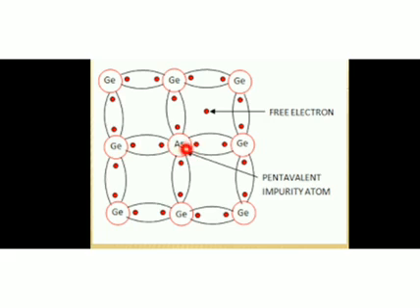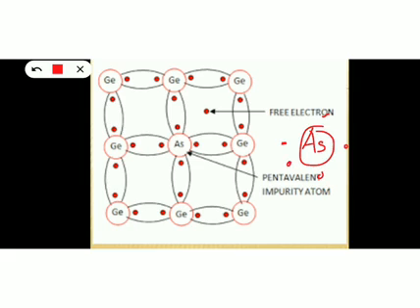One of the germanium atoms in the crystal lattice is replaced by the arsenic atom. Arsenic has 5 valence electrons, that is 1, 2, 3, 4, 5. Germanium, on the other hand, has only 4 valence electrons.